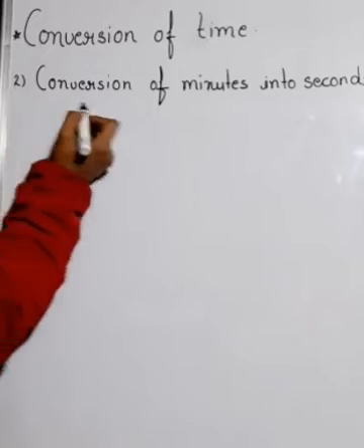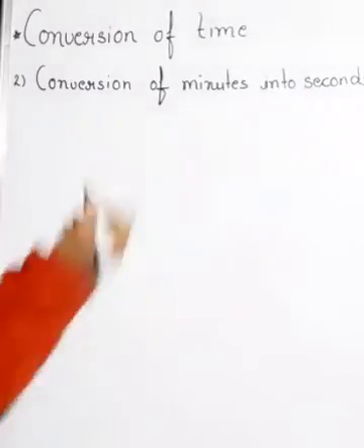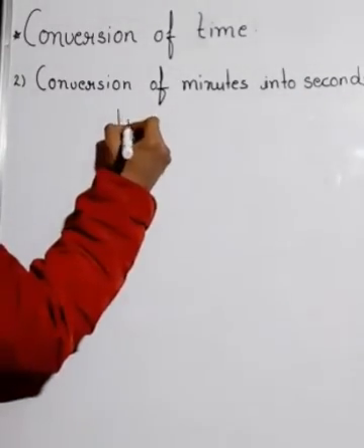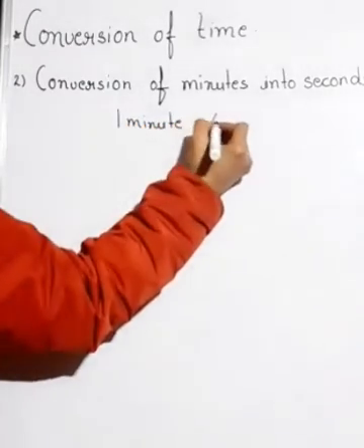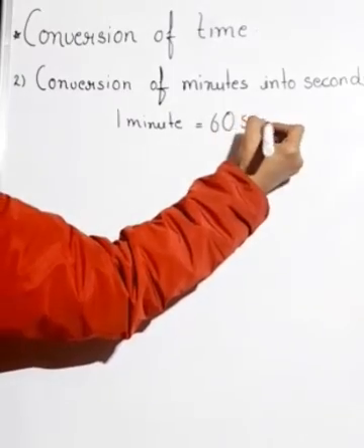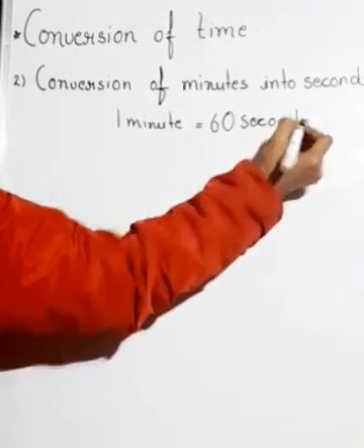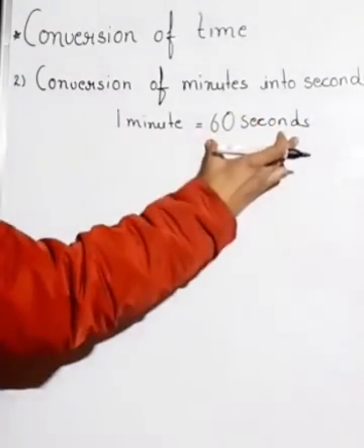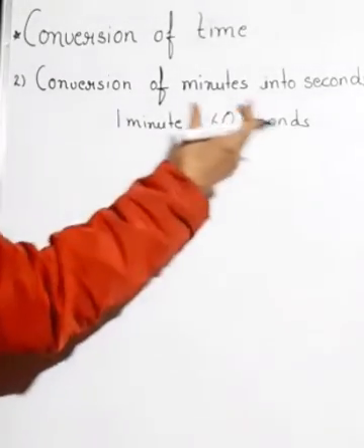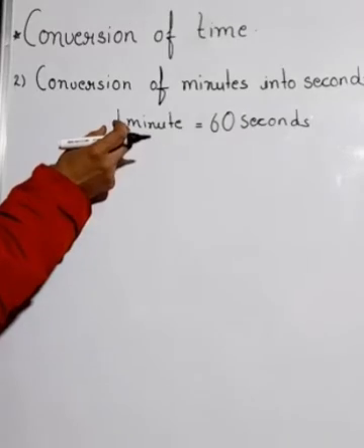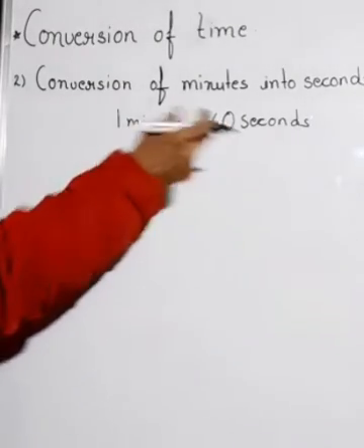Next, we are having conversion of minutes into seconds. So 1 minute is equal to how many seconds? 60 seconds. Clear? In 1 minute, we are having 60 seconds. So for converting minutes into seconds, we have to multiply the given minutes by 60.